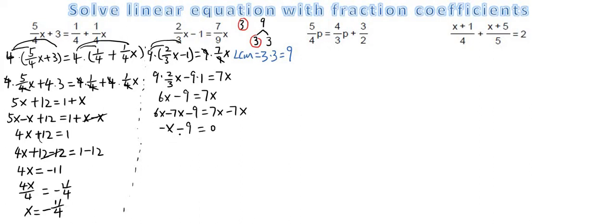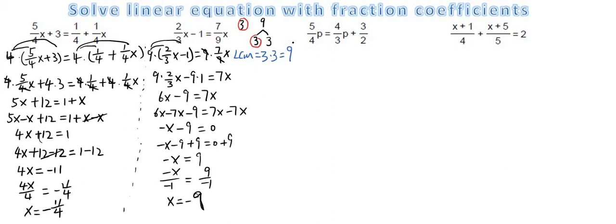How to remove the constant on the left? We're gonna add 9 for both sides. It cancels out. We have negative x equals 9. So negative x divided by negative 1 for both sides. We're gonna get x equals negative 9.